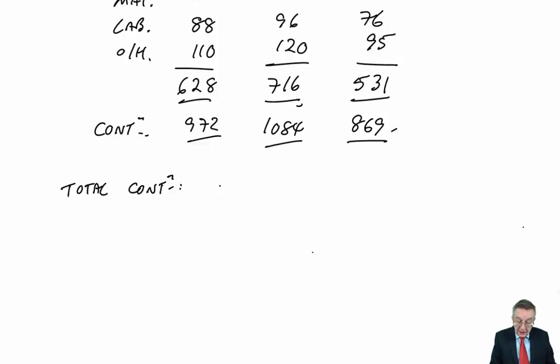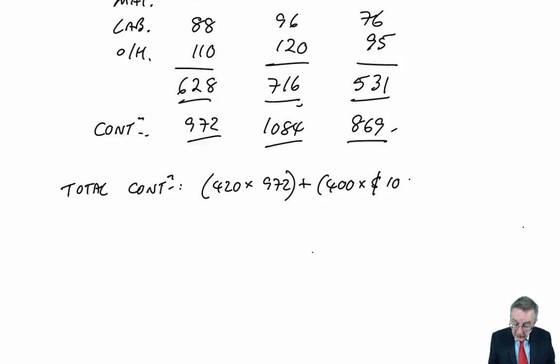So the total budgeted contribution, T, there's 420 units. The contribution per unit, we just worked out, is 972. In addition, there's C, 400 units, contribution of 1084. And for R, 380 units, contribution per unit 869.